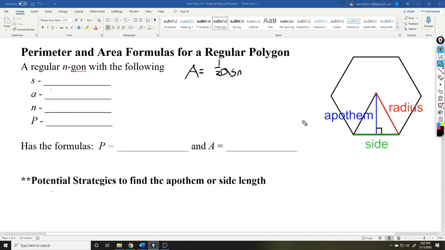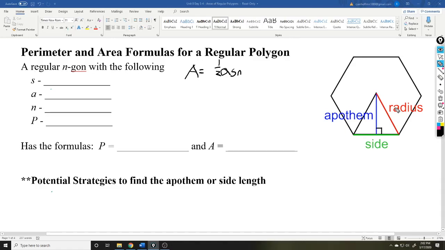And the way that we got that, don't forget, is by building these triangles around whatever shape you had. And we decided that the number of triangles we had was equal to the number of sides. So it's basically the area of this triangle times how many triangles we had, which we decided was however many sides we had.